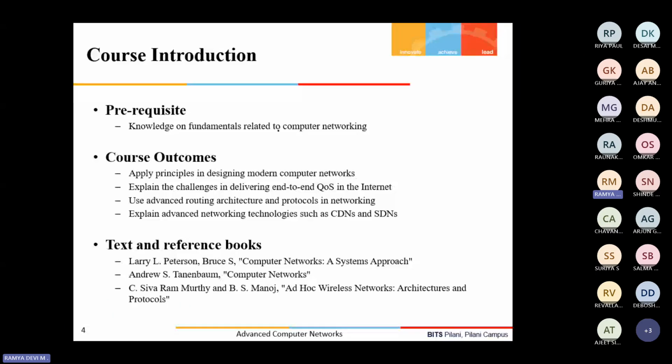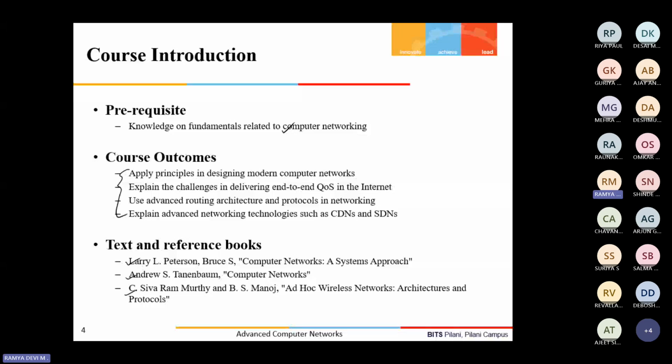Okay. You would have studied computer networking. That is the prerequisite, fundamentals related to computer networking. These are the course outcomes, which will be available in the handouts. And this is your text. These two are the reference books. Computer Networks: A Systems Approach by Peterson will be your text. You can even refer to the text.